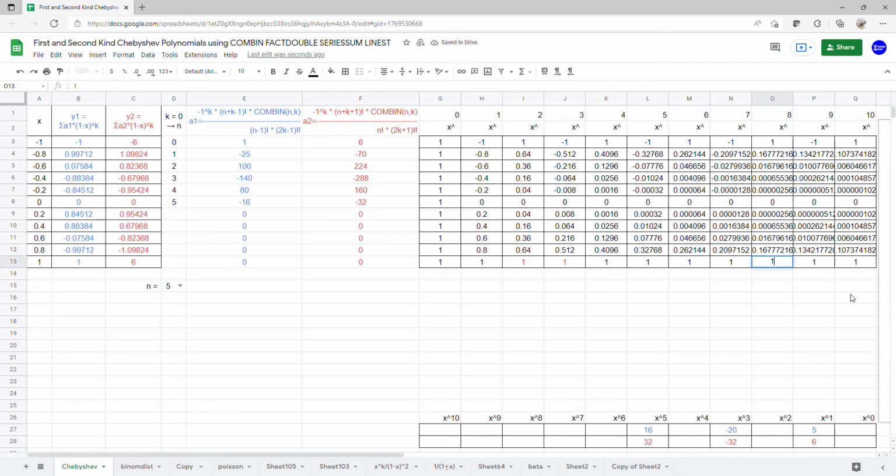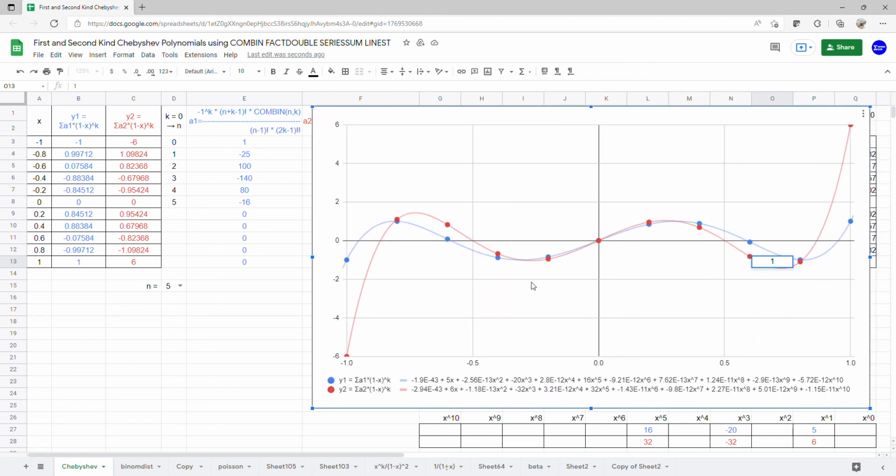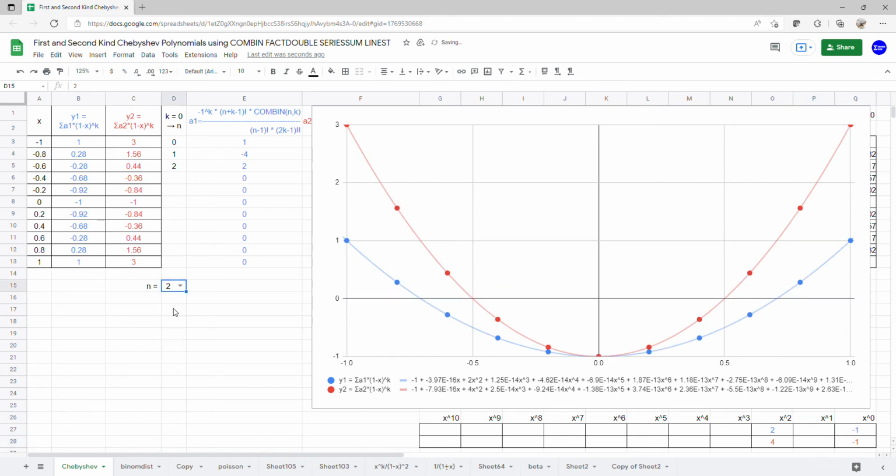So let's compare. We start from 1. At n equals 1, our coefficients will be 1, 2. That is x and 2x. At n equals 2, coefficient will be 2, 4. And negative 1.